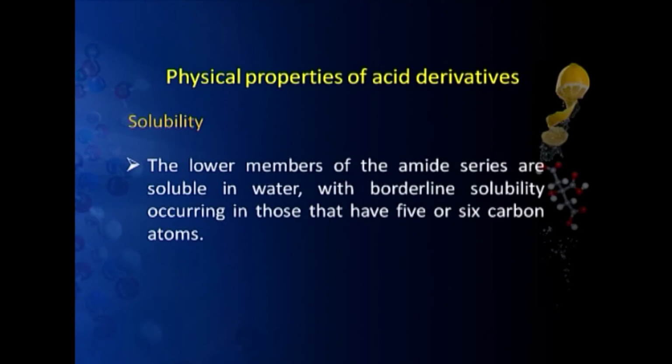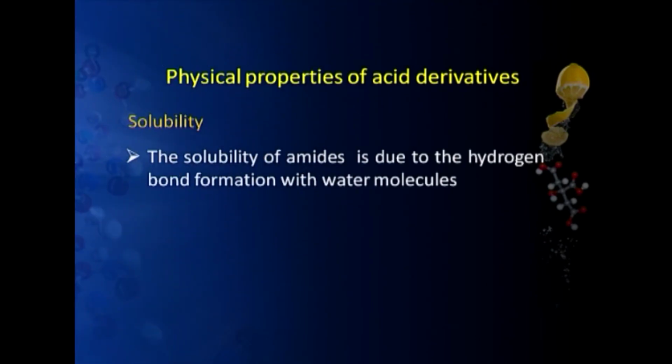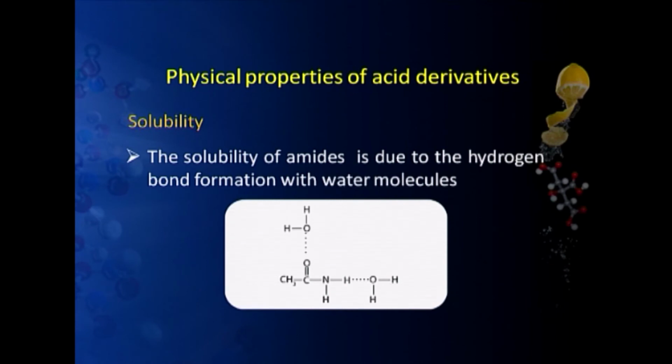Then the amides. The lower members of the amides are soluble in water, and generally they are soluble up to 5 or 6 carbon atoms. After that the solubility decreases, and this solubility of amides in water is due to hydrogen bonding, because amides have these NH2 groups, these hydrogens, which can form hydrogen bonds with water molecules, but as the size of this carbon chain increases, it will become water repellent and their solubility decreases.